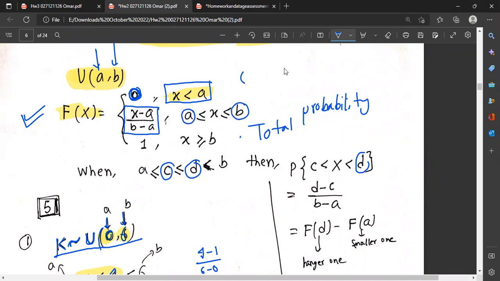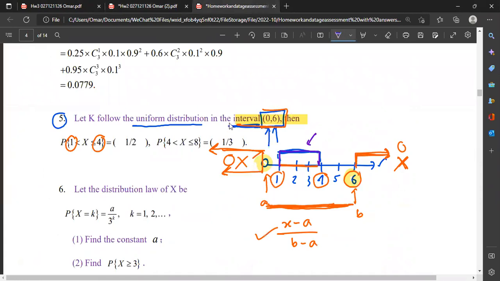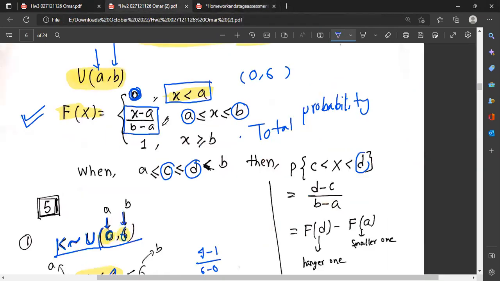Here a and b are our interval that is already given, 0 and 6. If you look back at the question, the interval is 0, 6. So a is equal to 0 and b is equal to 6. When x is greater than or equal to a and less than or equal to b, the formula will be this one, x minus a by b minus a.